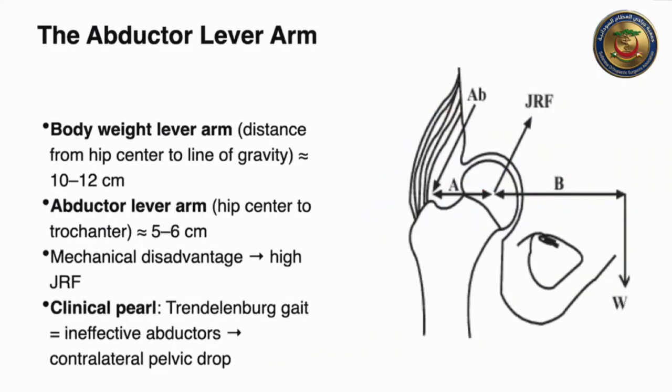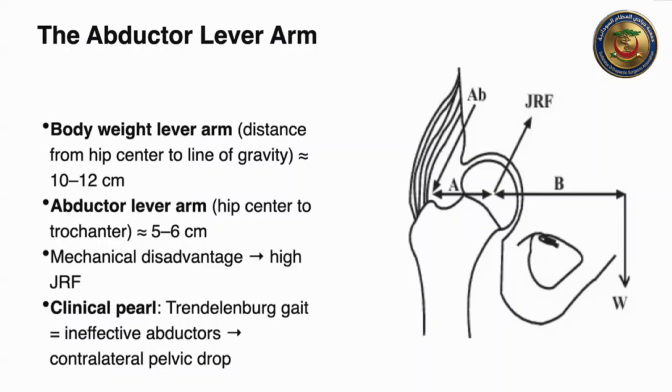Okay. Now when we have the moment, in this picture, the moment arm of the weight is B, and the moment arm of the abductor force is A. Normally, the distance between the hip center and the line of gravity is 10 to 12.5 centimeters, which is the weight lever arm.